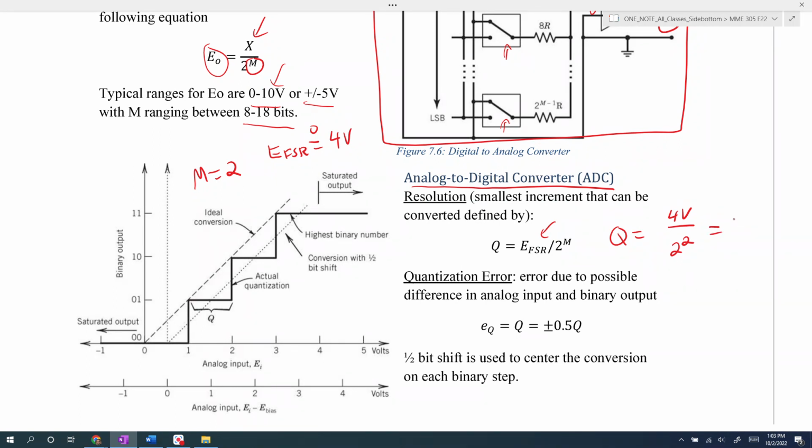So we would have a resolution of 1 volt. That's the sensitivity of that converter.